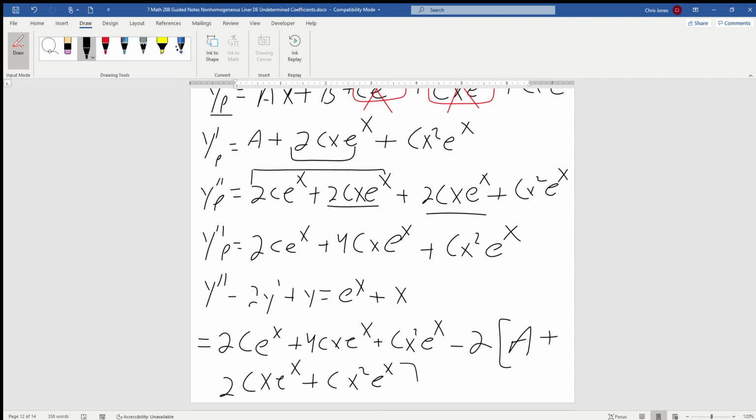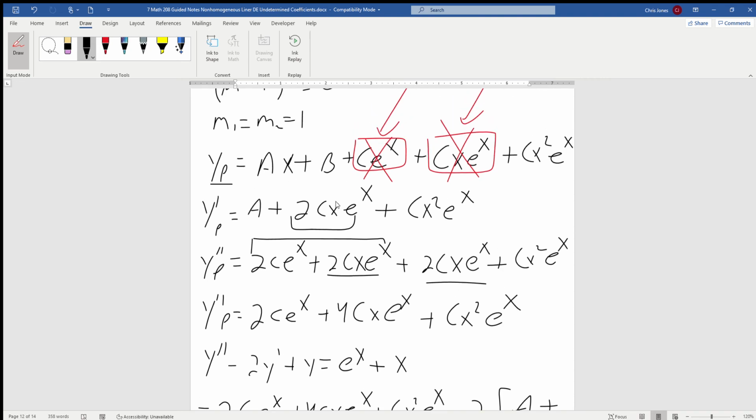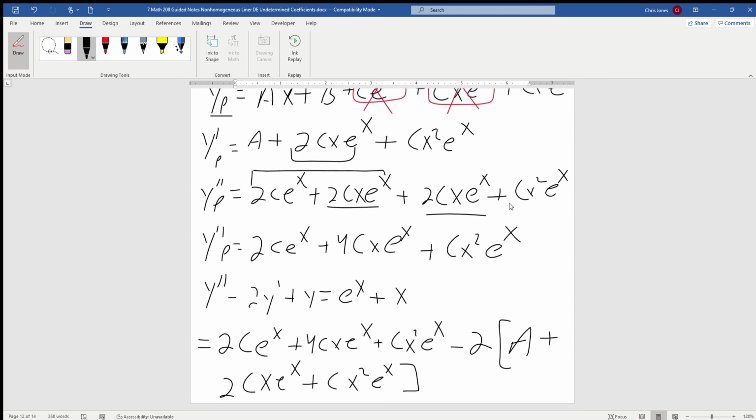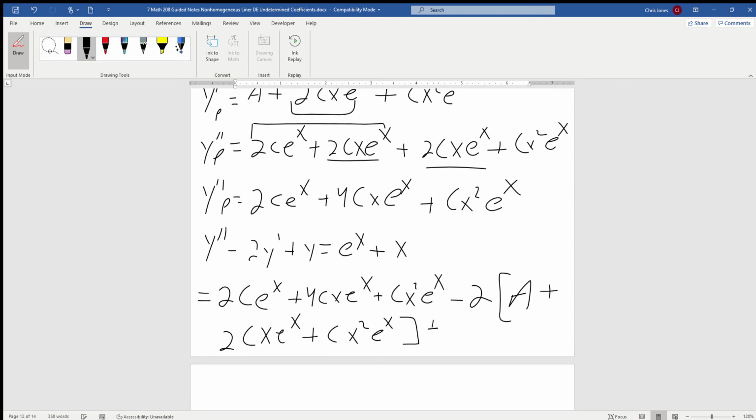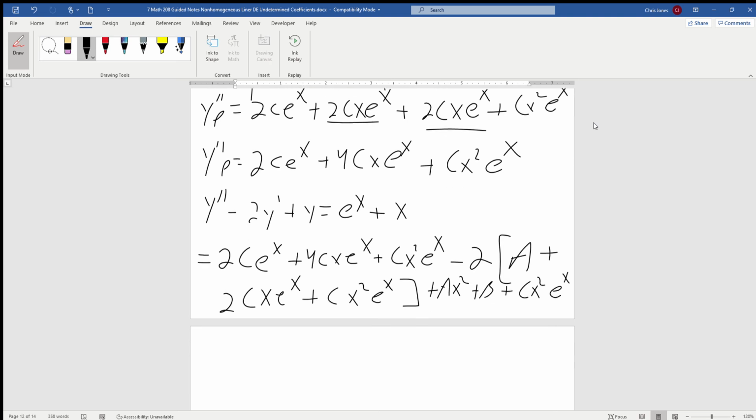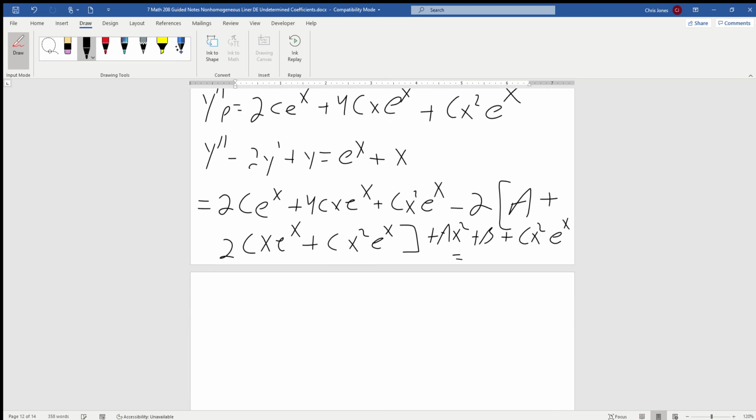Right? And then finally, we just have y, the original guess, which was ax plus b plus cx squared e to the x. So ax squared plus b plus cx squared e to the x. And remember, all of that was equal to x plus e to the x.